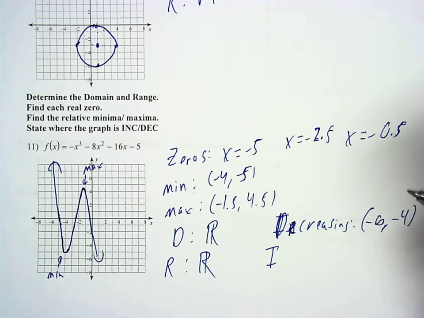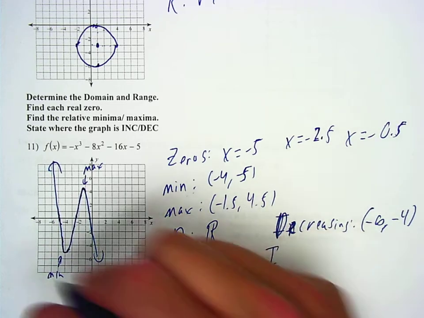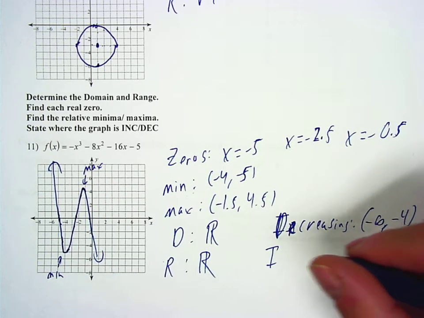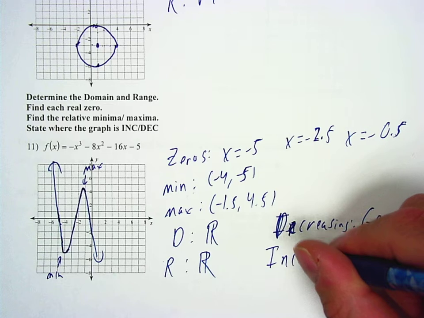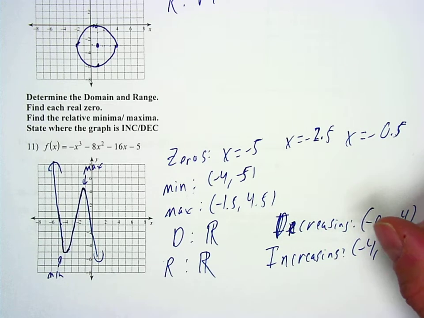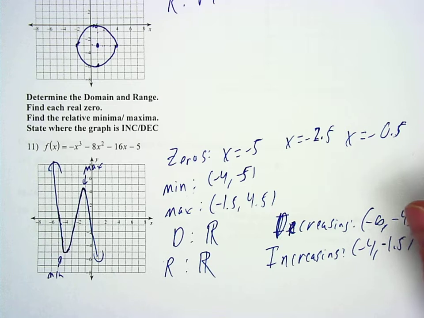The increasing interval is negative 4 to the max there, negative 1.5. And then it has another decreasing interval from negative 1.5 to positive infinity. Everything bigger than 1.5 on the x.